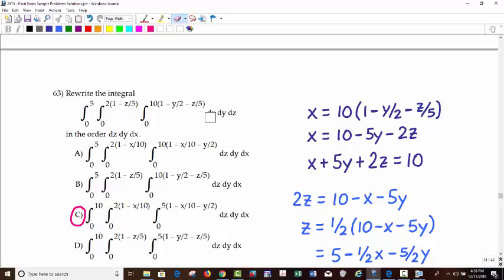So since we know that dx is on the inside in the original, I know that x will equal that upper limit. So if x equals all this stuff, just do a little simple algebra there, and you'll come up with this basic equation of the plane right there: x plus 5y plus 2z equals 10.